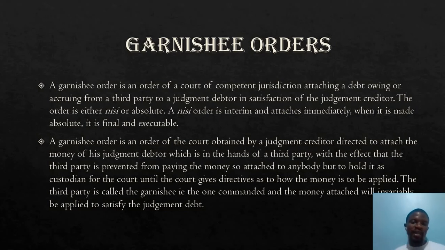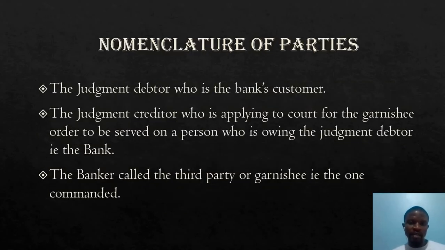There are rules for Garnishee and there are nomenclature of parties. The first party you have to know about is the judgment debtor, who is the bank's customer. The judgment creditor is the one applying to court for the Garnishee order to be served on a person who is owing the judgment debtor. That is the bank.